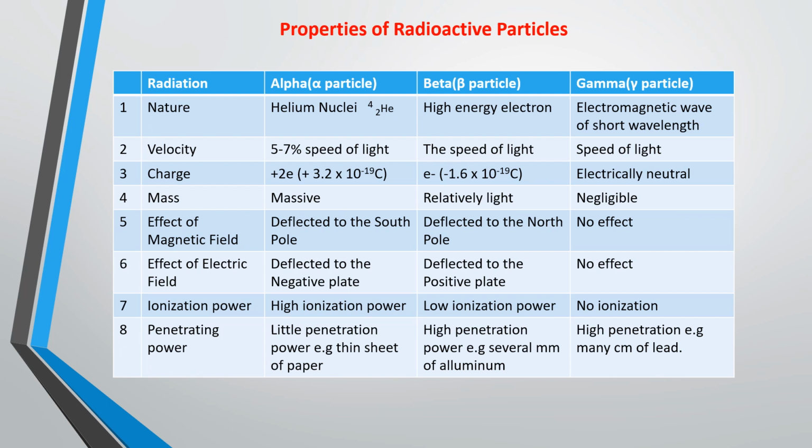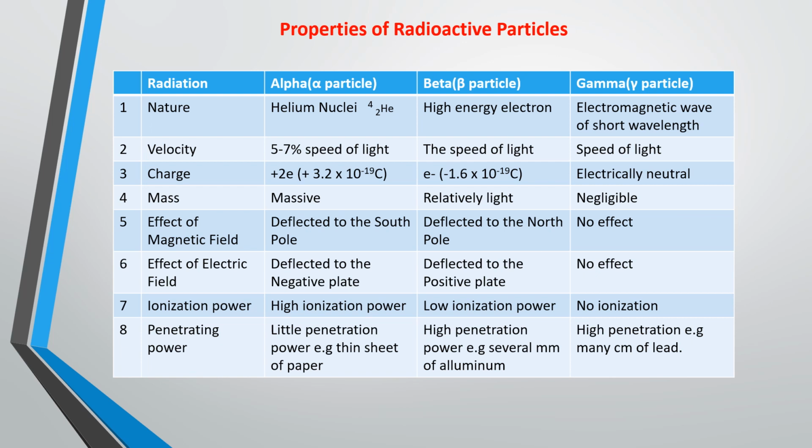Velocity: alpha particle is 5 to 7% of the speed of light, and beta particles at the speed of light, gamma particles at the speed of light. Charge: alpha particles are positively charged, beta particles are negatively charged, and gamma rays, they are what? Electrically neutral.